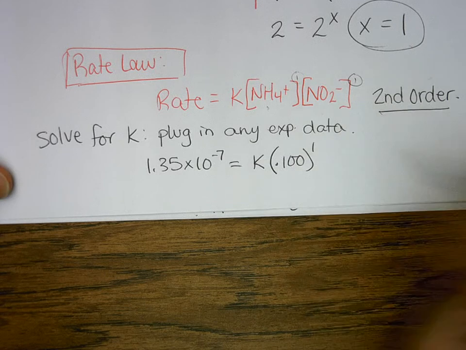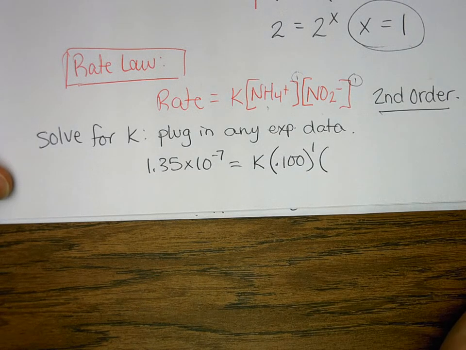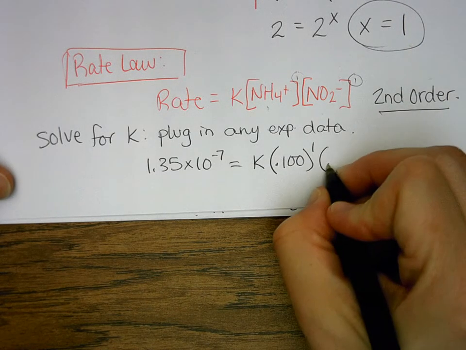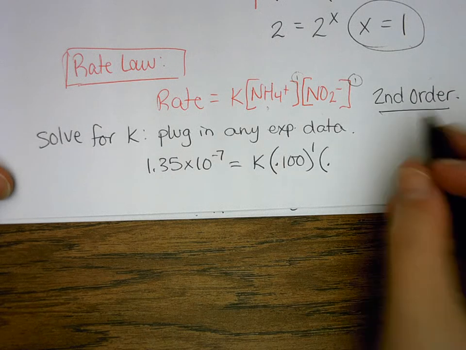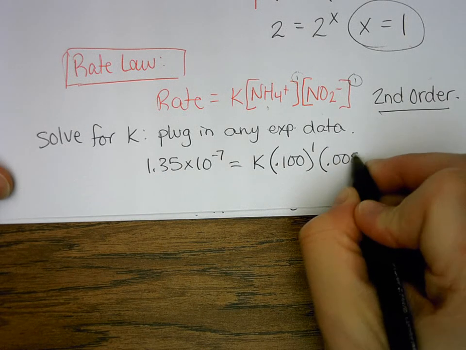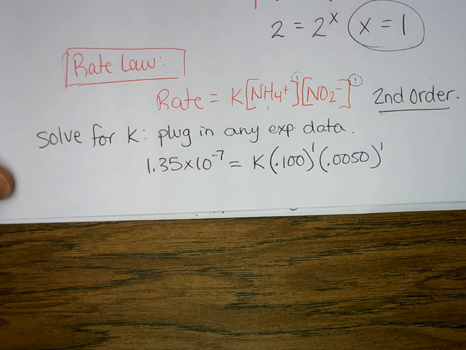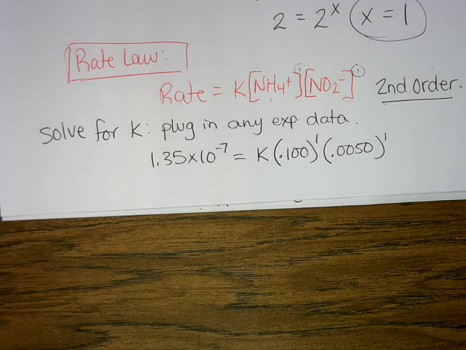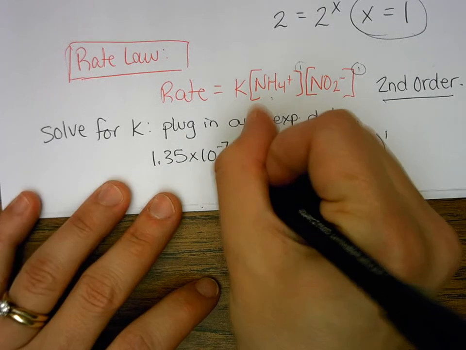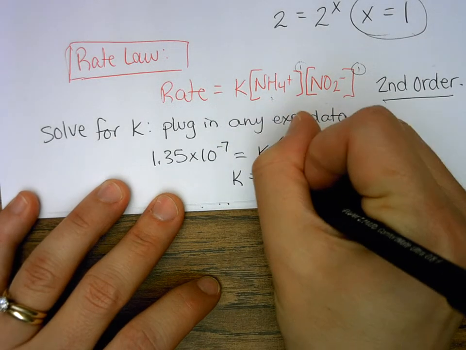And then my concentration of NO2 is 0.0050, that's also to the first power. Then it's just algebra to solve for K. K equals 2.7 times 10 to the negative 4.